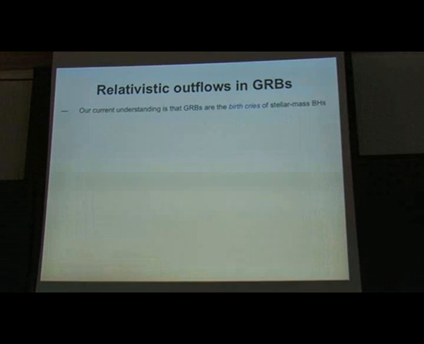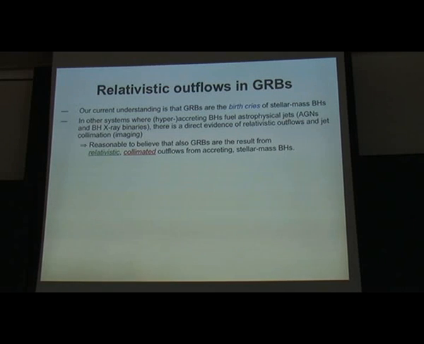So now I would say that our current understanding of gamma ray burst outflows is that GRBs are like the birth cries of stellar mass black holes. Whenever you have the birth of such an object, then you may have one of those events.